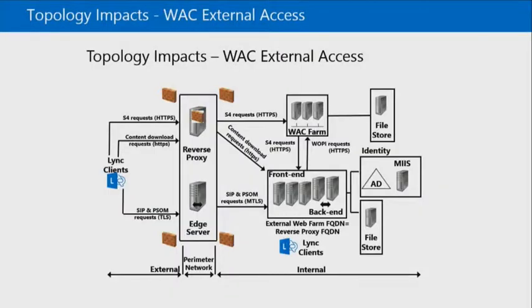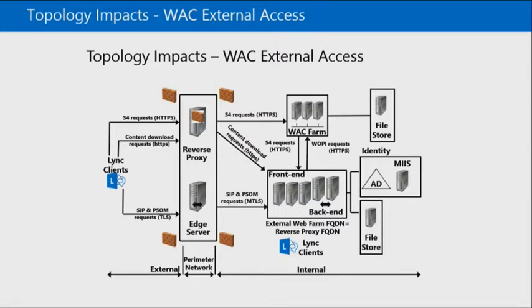So when we talk about external access, it definitely introduces this idea that we now have a lot more interaction with the reverse proxy, and you've definitely got some potential sizing concerns with your reverse proxy if you're going to be doing a lot more work and a lot more push of data through that Office web app farm.